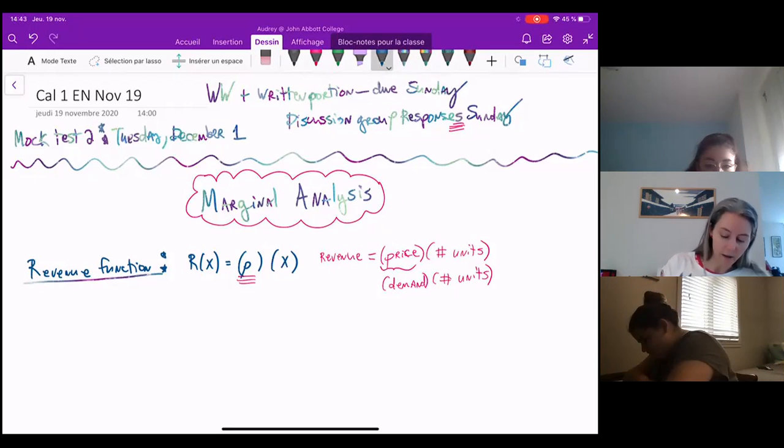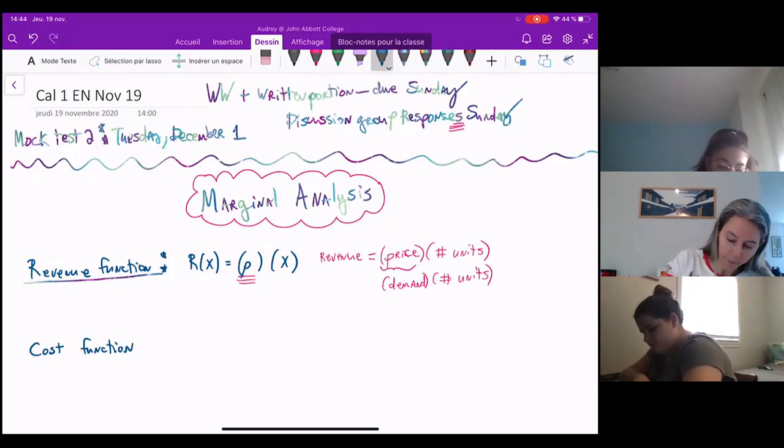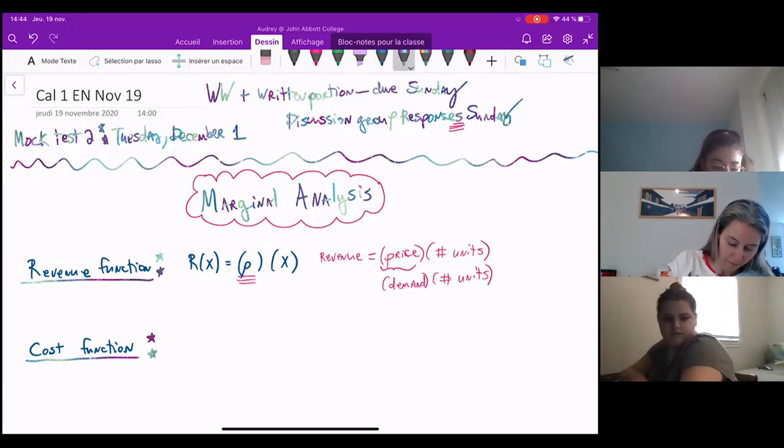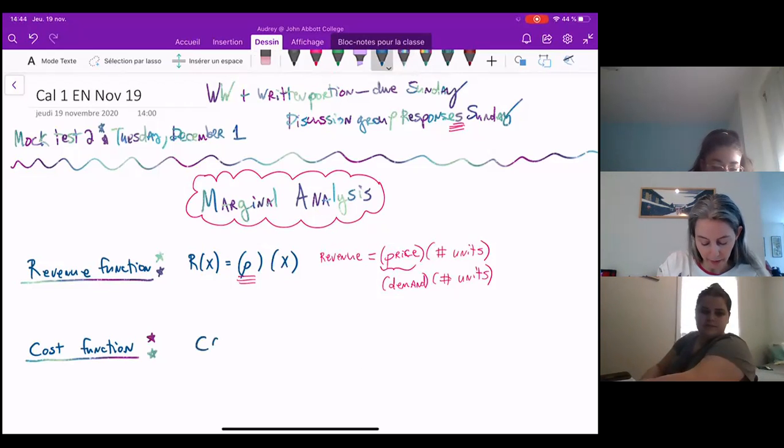We also have a cost function that we're going to be thinking about. And our cost function is big C of x.